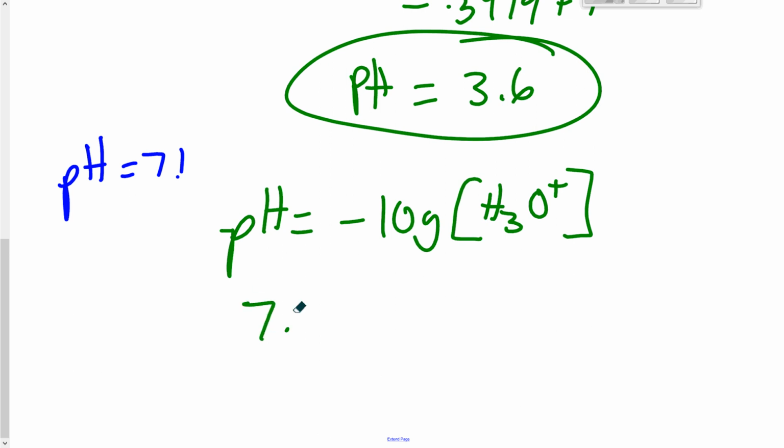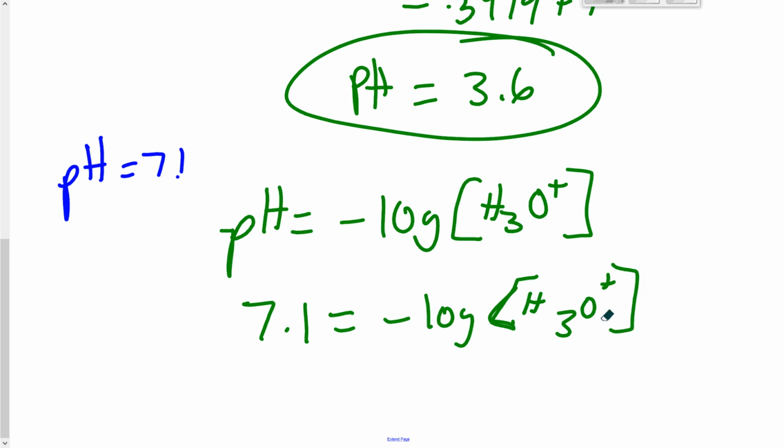So 7.1 is equal to this. Now we can multiply both sides by negative, so negative 7.1, to get rid of that negative log.